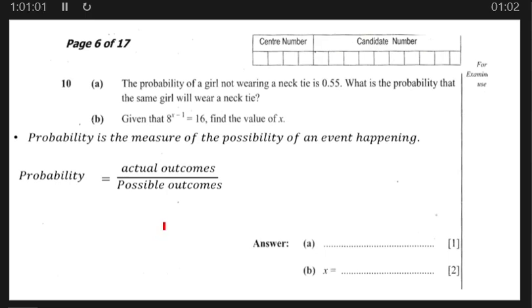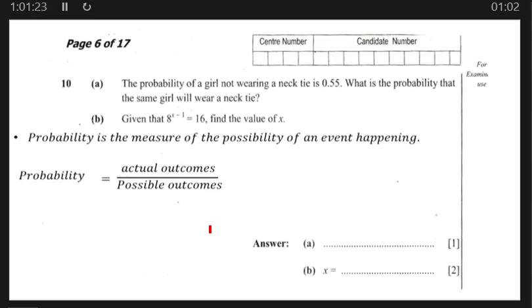So now the probability of me going to school on a certain day is actually from the two possible outcomes which are there. Either on a day I can go to school or I cannot go to school.